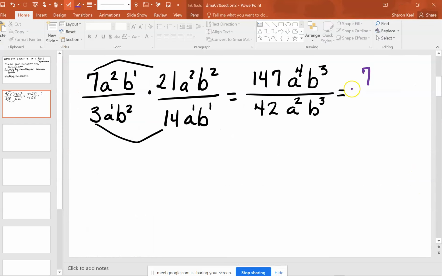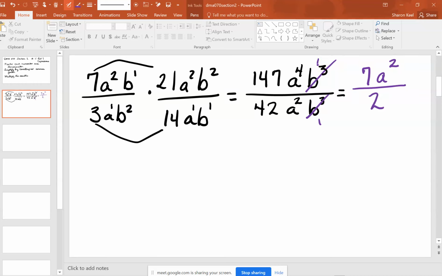So I have a 7 in the numerator, 2 in the denominator. For my A's, I'm going to use the quotient rule. So 4 minus 2 means I have A squared left. B to the third are identical, and they cancel. So for this particular problem, we are now done.